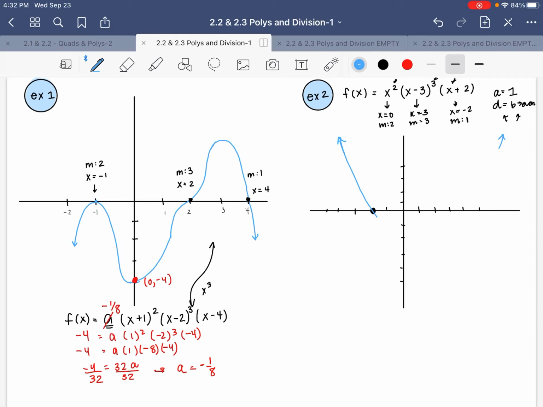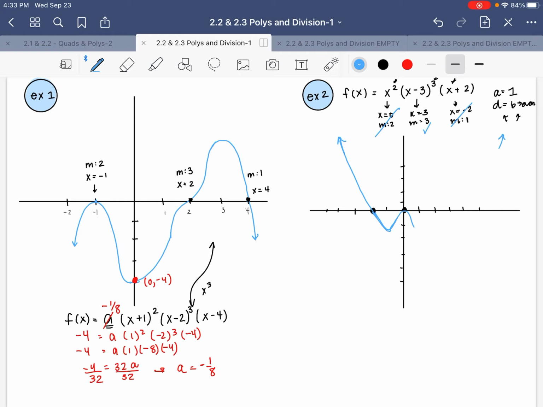I am also going to have a 0 at 0, and my multiplicity there is 2. So I'm going to be coming from down here. I'm going to have to turn to go back up to 0, and because that multiplicity is even, I'm bouncing off the x-axis. Okay, so I've taken care of this one, I've taken care of this one.